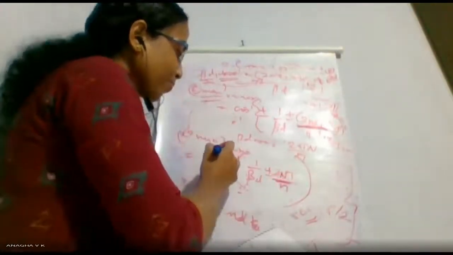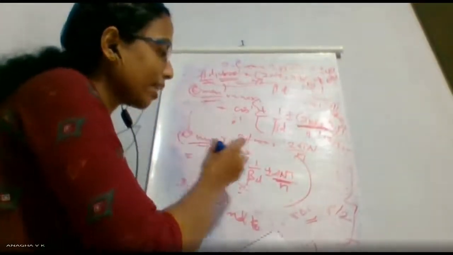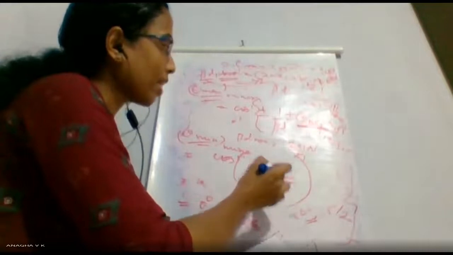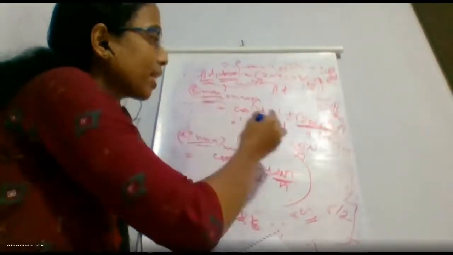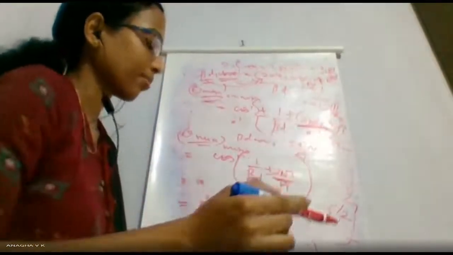So minimum is an even multiple and maxima is nothing but an odd multiple. That you remember.